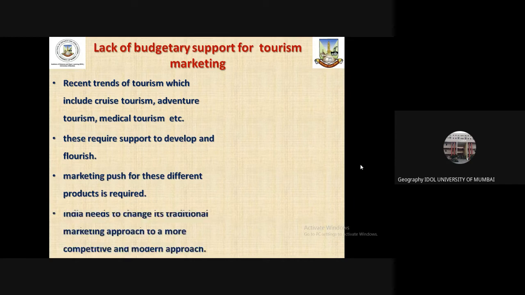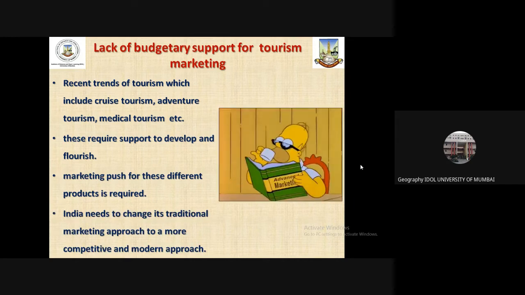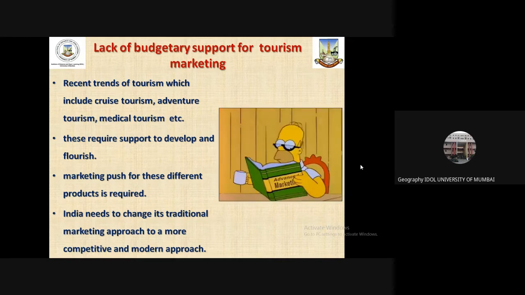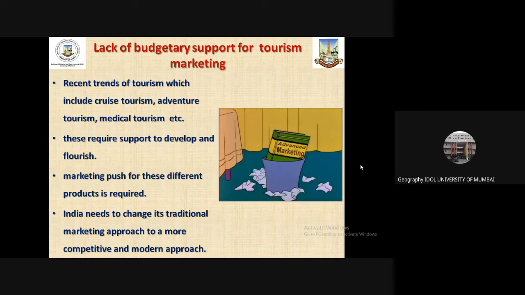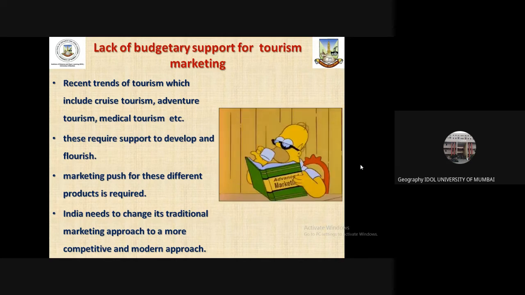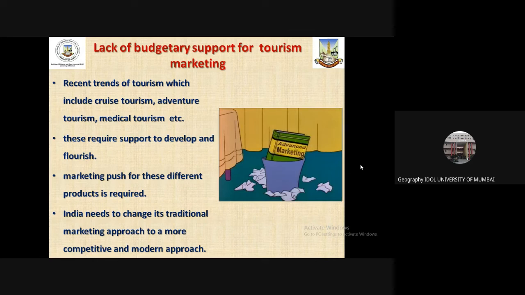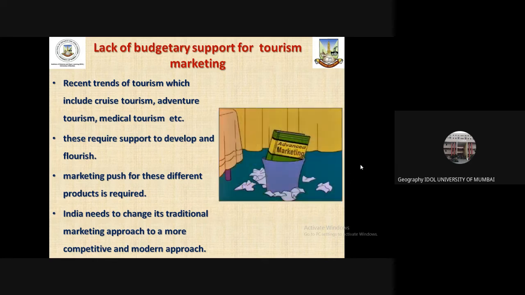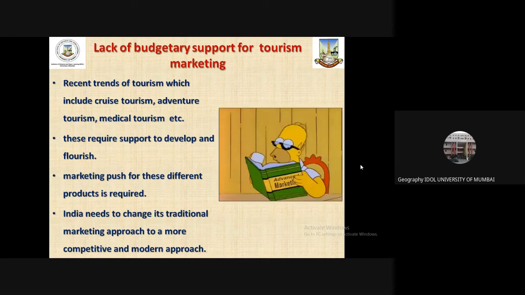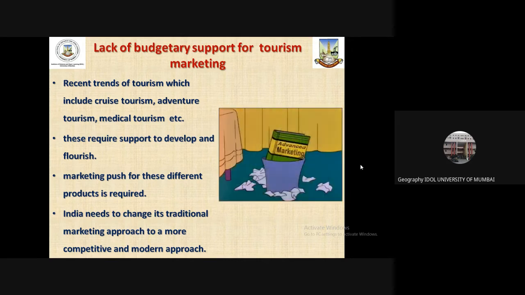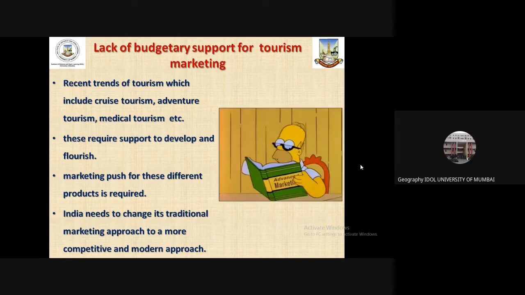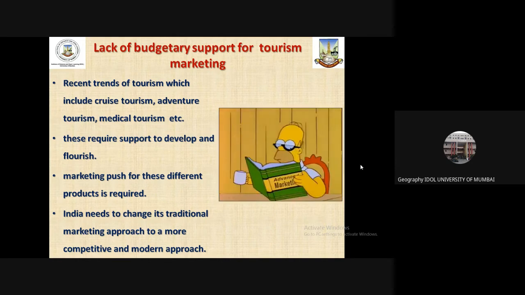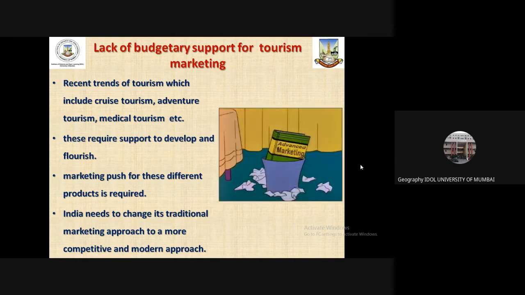Budget plays a significant role in tourism marketing. Recent trends show that tourism, which includes cruising tourism, adventure tourism, medical tourism, requires specialized facilities to be made. But besides these facilities, we need to develop marketing push and advertisement, and we fail in doing that because we fail in marketing it in a proper manner.